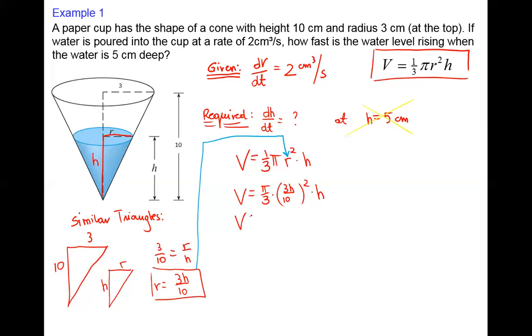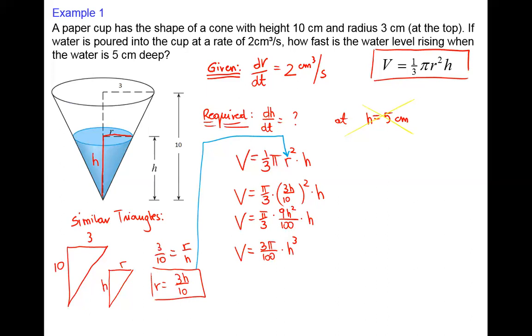Now, let's see, pi over 3. Let's square: 3 squared is 9, h squared is h squared, and 10 squared is 100. 9 over 3 is 3, so 3 pi over 100, and h squared times h is h cubed.